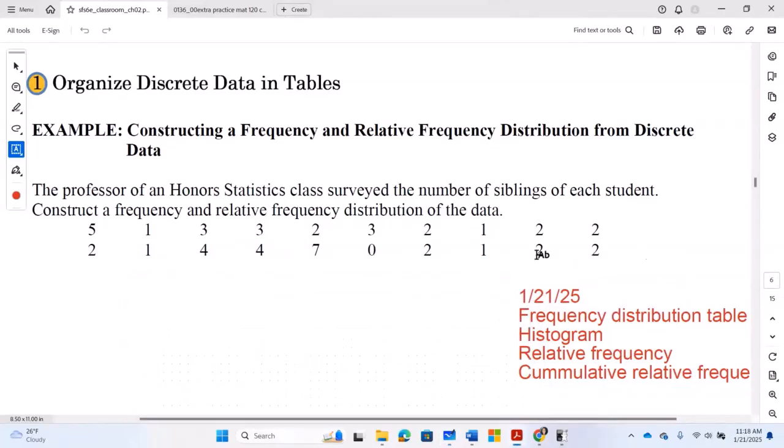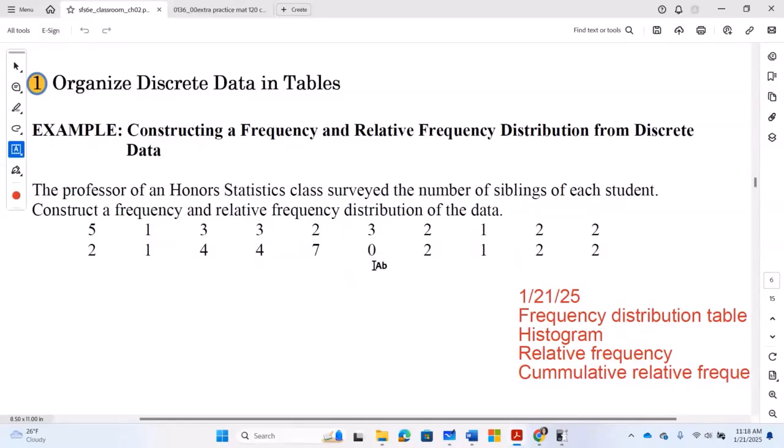But before I go ahead to group it, I want to eyeball the whole data and see what is the maximum number. Because it's not a lot of numbers, I can just eyeball that. The maximum number is 7. What is the minimum number? The minimum number is 0.